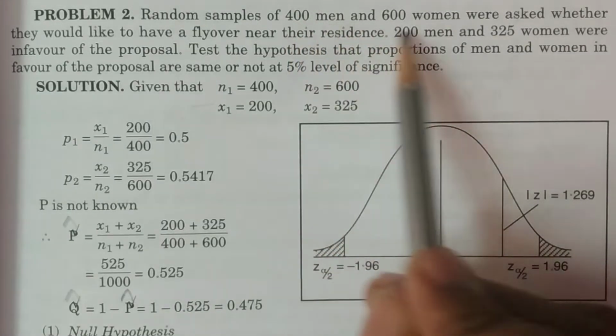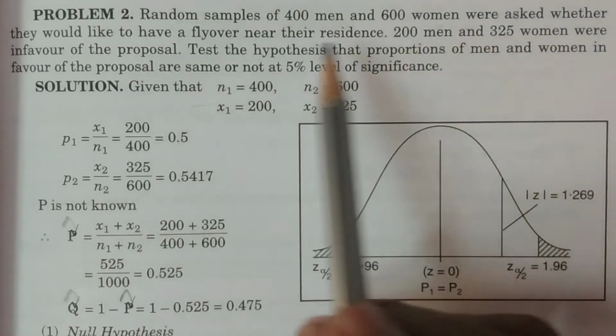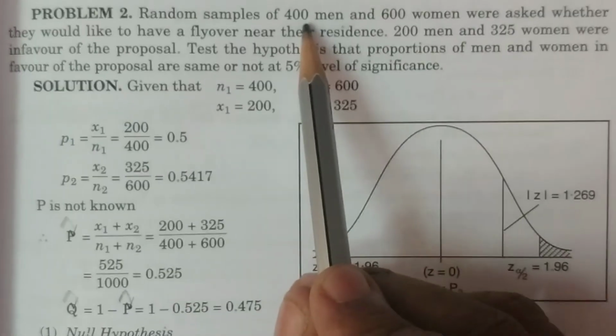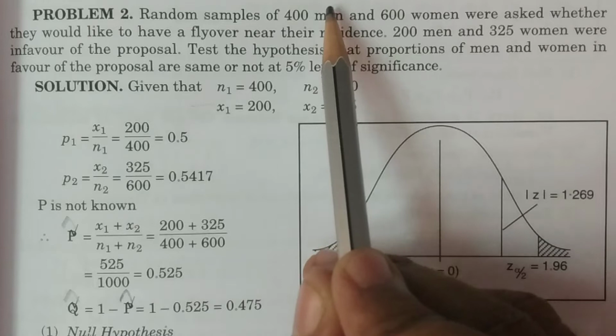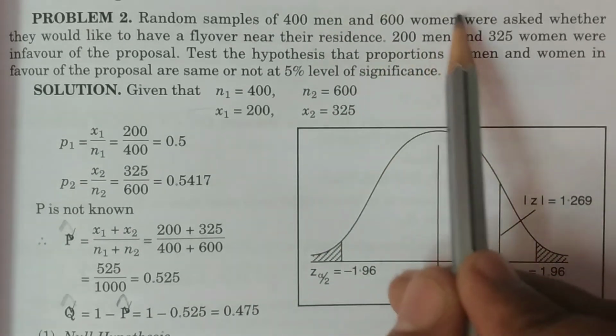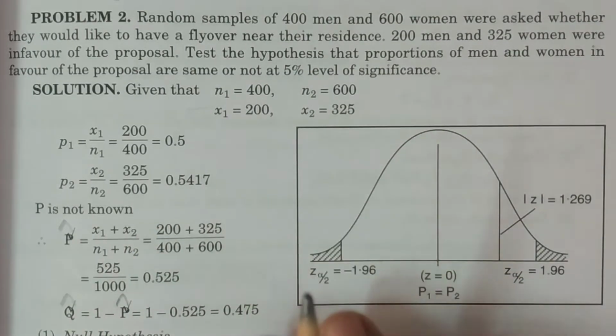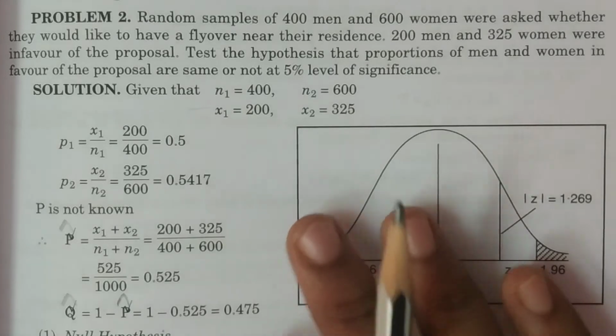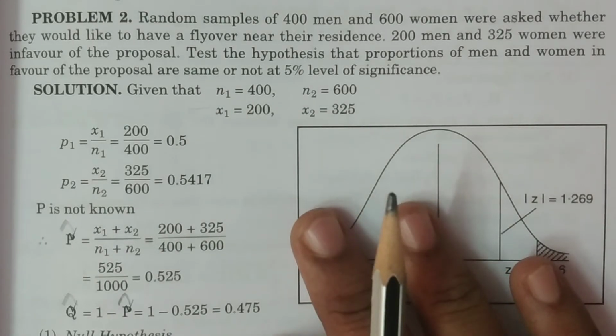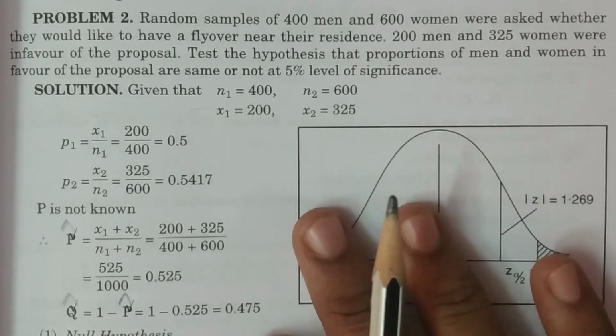So it is clear that random samples of 400 men, this is one sample, and 600 women, this is another sample. n1, n2 are given. That is, it is a problem of two samples, which you have to understand first.